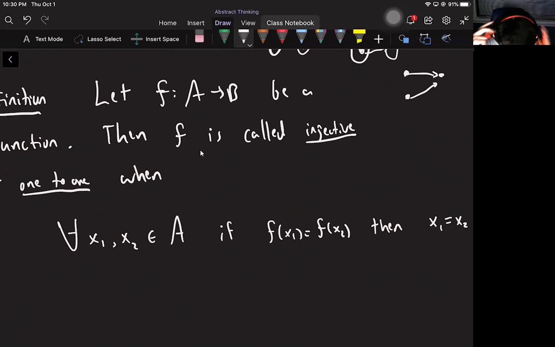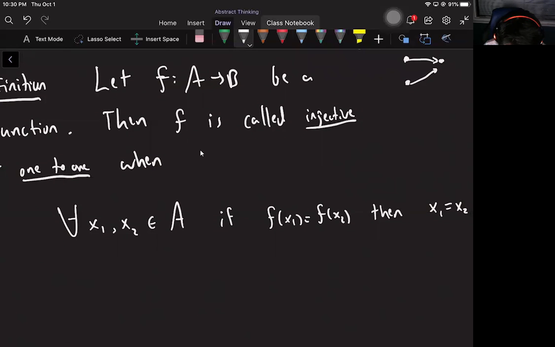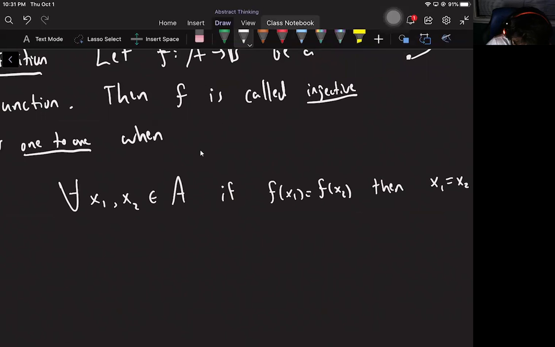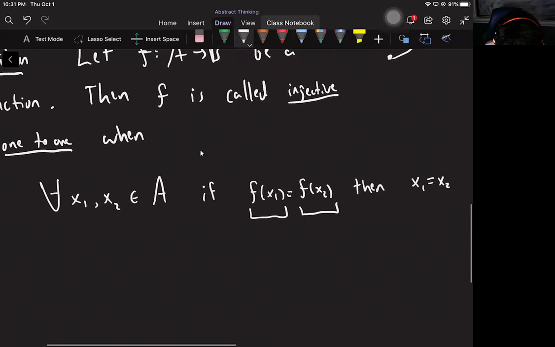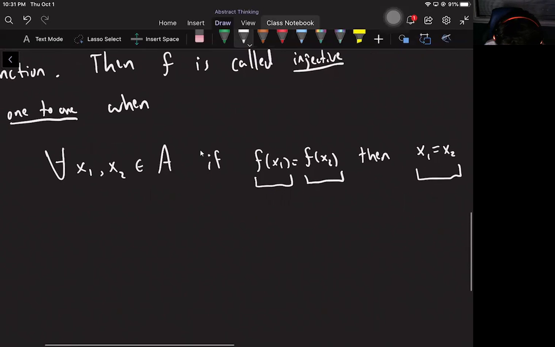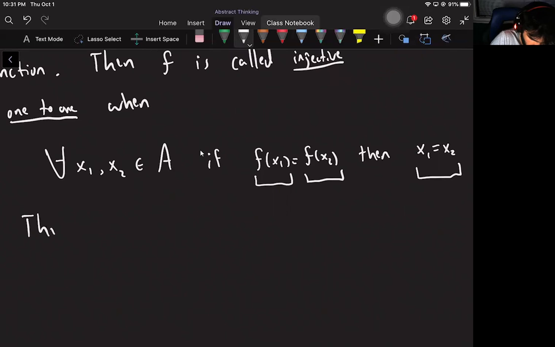So let me just try to rephrase this. This is saying that whenever you have two supposed elements that give you two outputs in B that are the same, whenever that happens, it turns out that those two inputs were actually the same the whole time. So this is really saying exactly what we want.